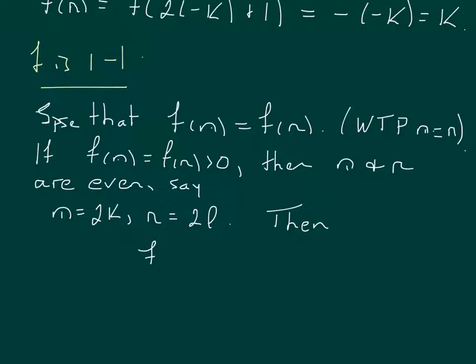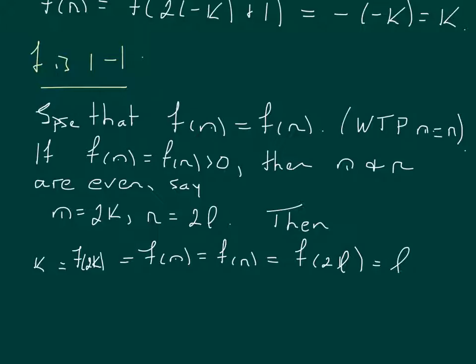We are assuming that f of m is equal to f of n, which is to say, because n is 2l, f of 2l is equal to f of 2k. But if you look at our formula, f of 2k is just k, and f of 2l is just l. So what do we have? We have that k equals l. So that means that 2 times k must equal 2l. In other words, m equals n.